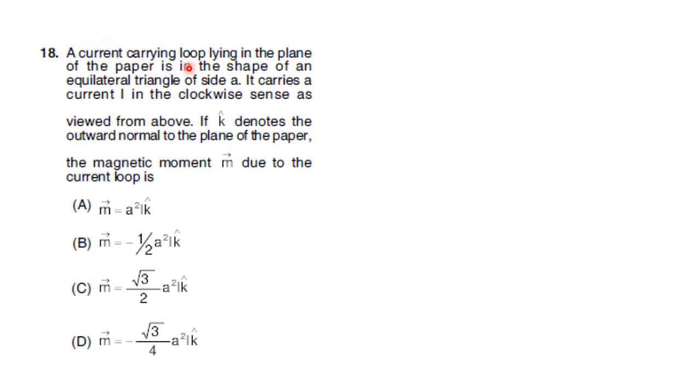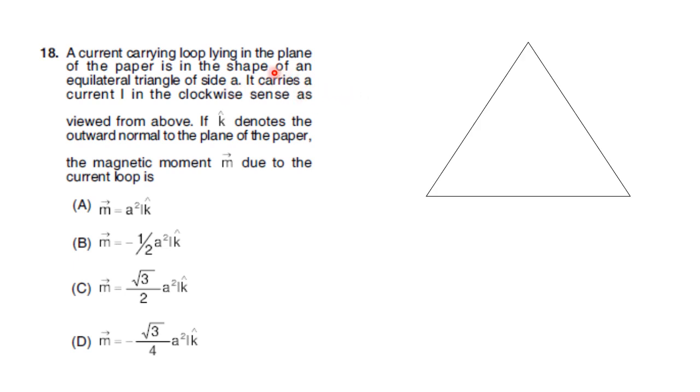A current carrying loop lying in the plane of the paper is in the shape of an equilateral triangle of side A. It carries a current I in the clockwise sense as viewed from above. If K denotes the outward normal to the plane of the paper, the magnetic moment M due to the current loop is?